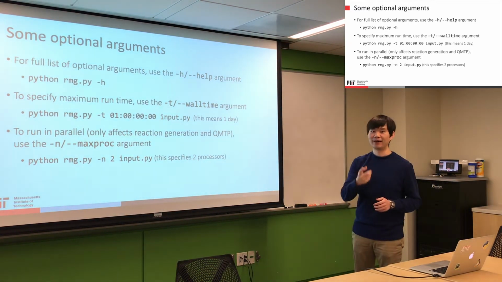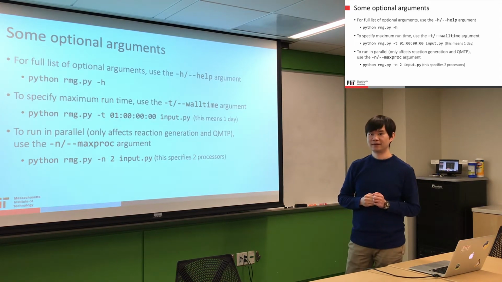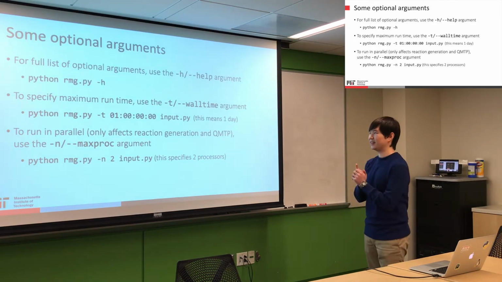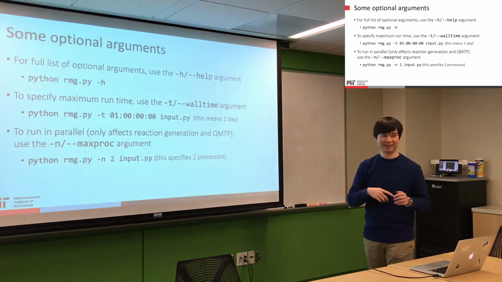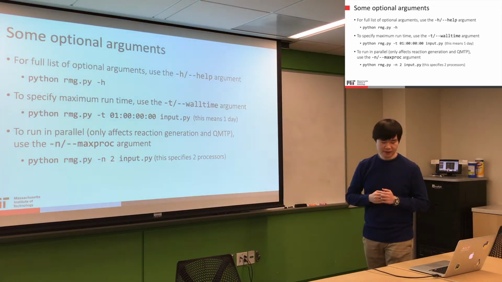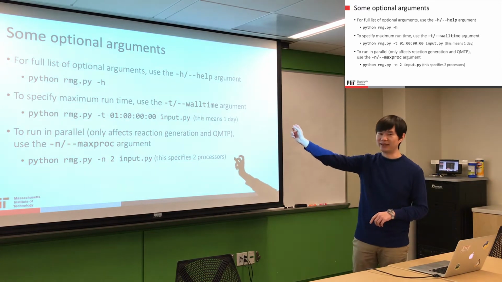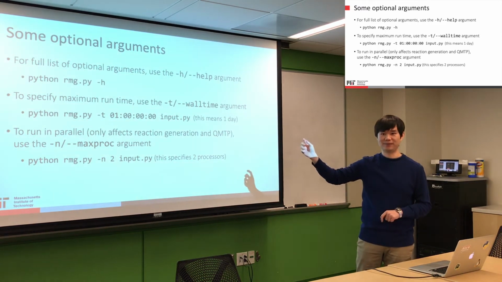Now that RMG's in Python 3, do we need to say python3 rmg.py, or does being inside that conda environment take care of that? Right, that's a good question. The question was whether or not we need to manually specify Python 3. If you're in your conda environment, the python command will actually be linked to Python 3.